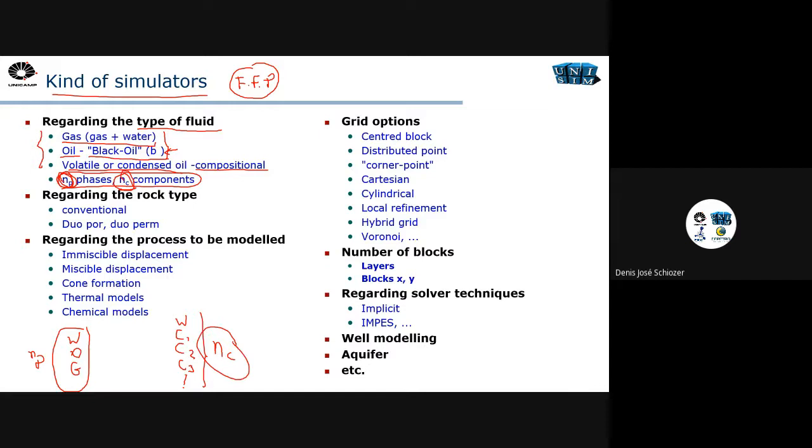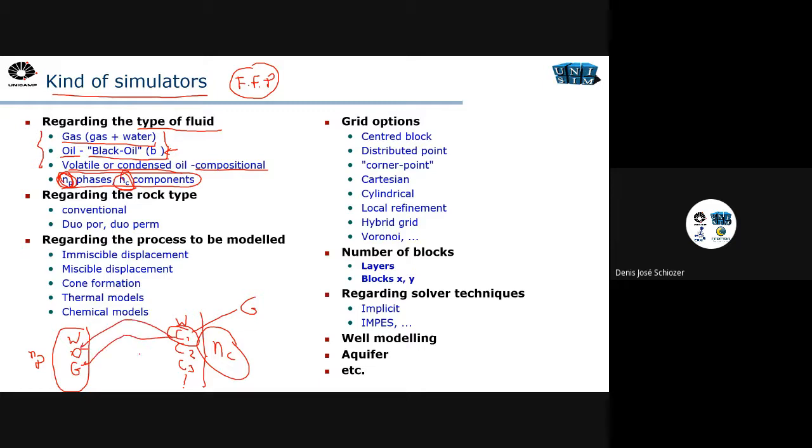So sometimes we write the equations in terms of the number of components we have, because we want to model the movement of these components in the reservoir. And as we're going to see later in the equations, for example, the C1 component, which is a hydrocarbon, can be in the gas phase or can be in the oil phase, right?